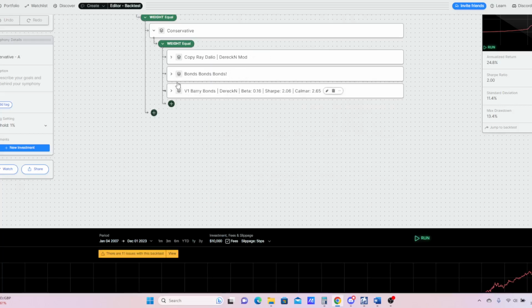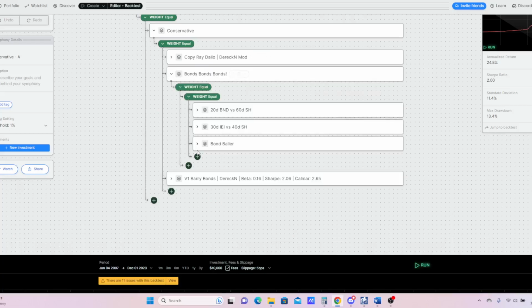And then the other two, a lot of it is just bonds. It compares bond performance versus SH, which would be an inverse S&P 500 ETF.